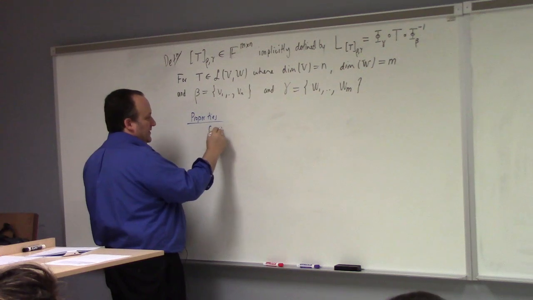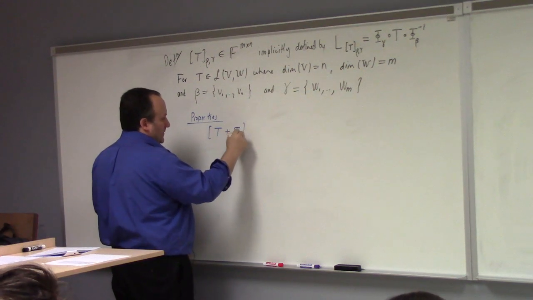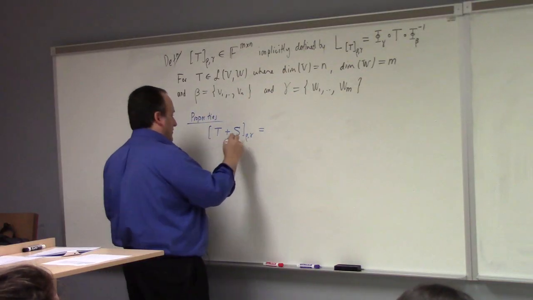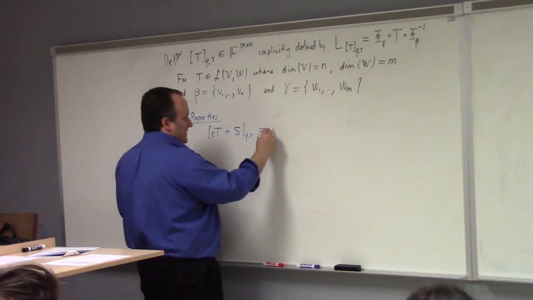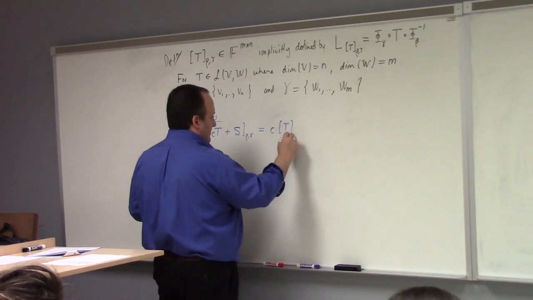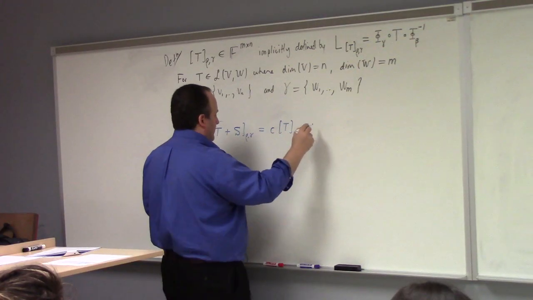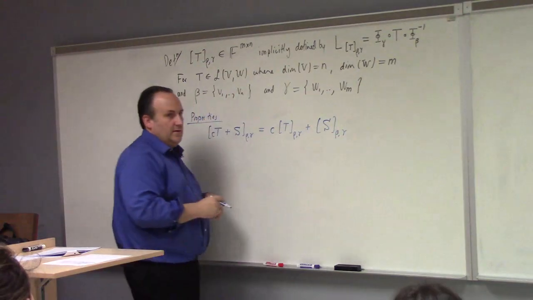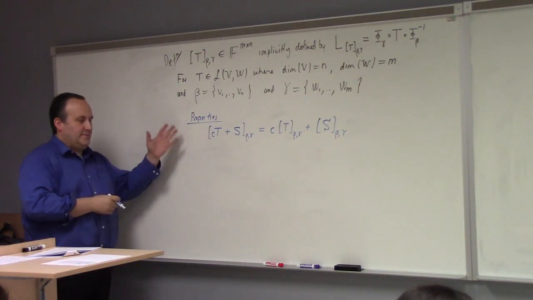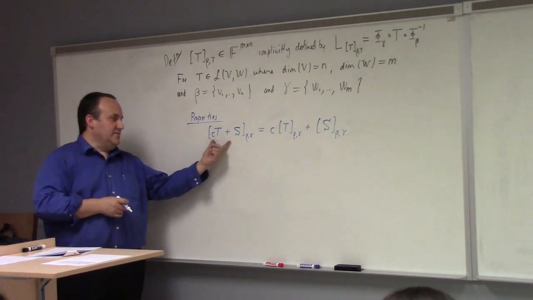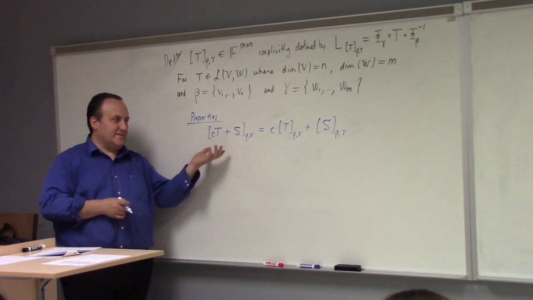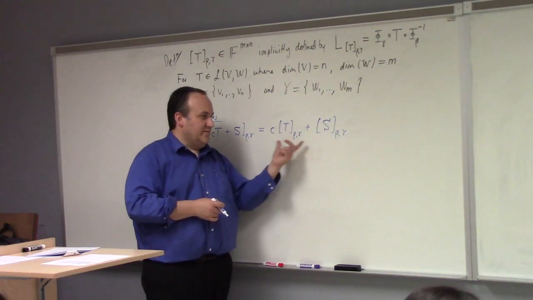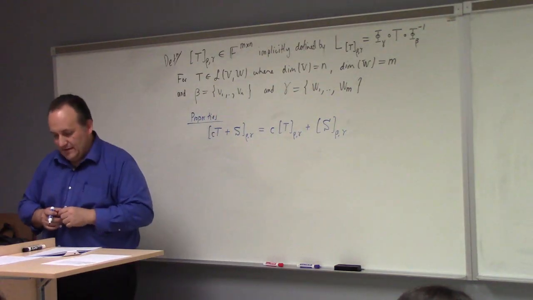If you have two linear transformations, you add them. If you have a scalar multiple, you just get c times the matrix plus the other matrix like this. So if we add two linear transformations together, the matrix of that linear transformation is the sum of the matrices of the transformations being added.